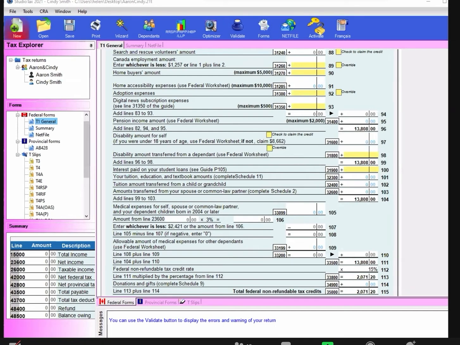so now we just start with medical expenses.